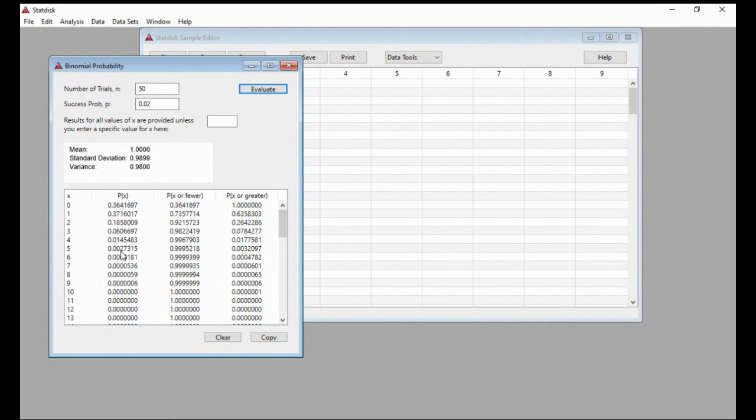Anything else is very unlikely. So the probability that you have more than one defective is 63%. The probability that you have more than two is 26%. And 7% is the probability that you get three of them defective.